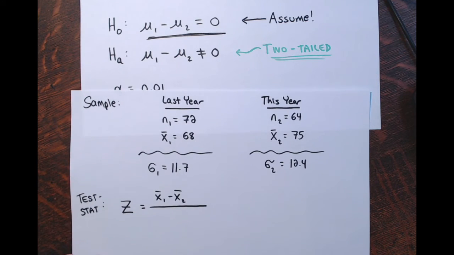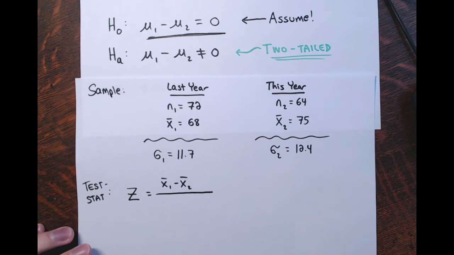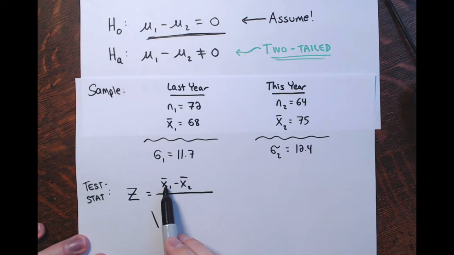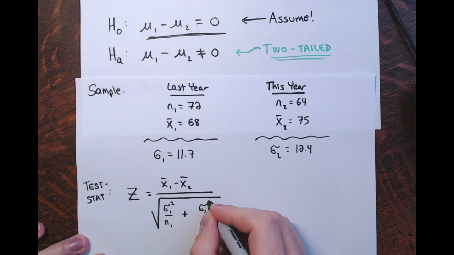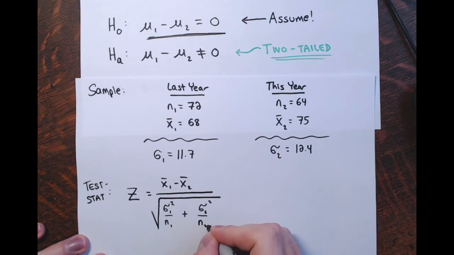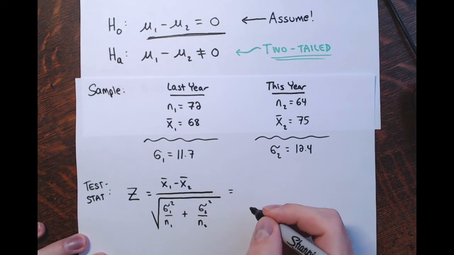And then how many standard deviations is that, right? That's what the z-score was. And the standard deviation for the difference in sample means was this thing here. It was the square root of sigma 1 squared divided by n1 plus sigma 2 squared divided by n2. And make sure all of that is underneath your square root symbol. All right, so I'm going to enter this stuff in.